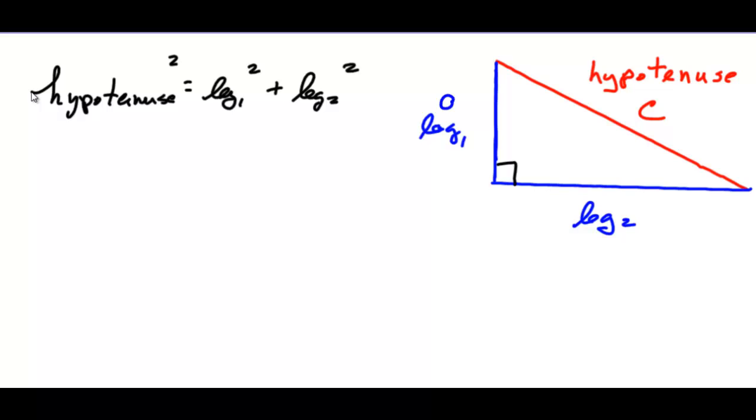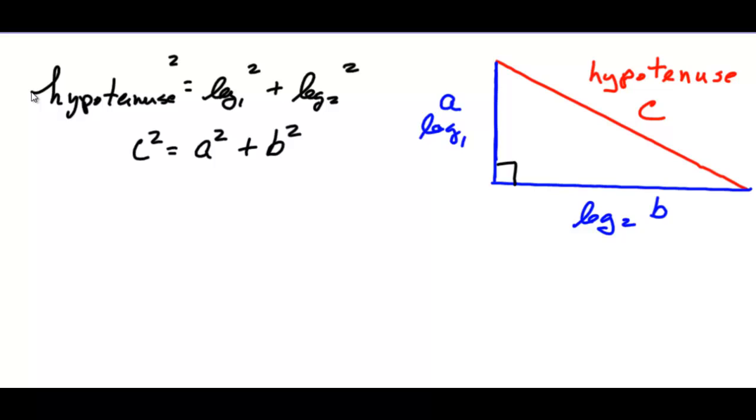We'll label this one A, and we'll label this one B. So now, instead of hypotenuse squared equals leg squared plus leg squared, we end up with the formula C squared equals A squared plus B squared.